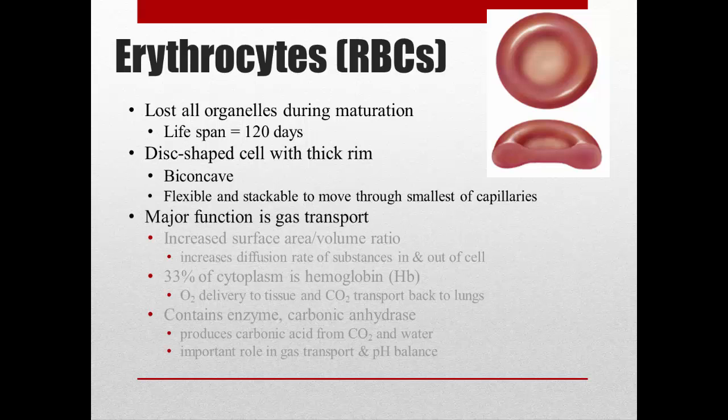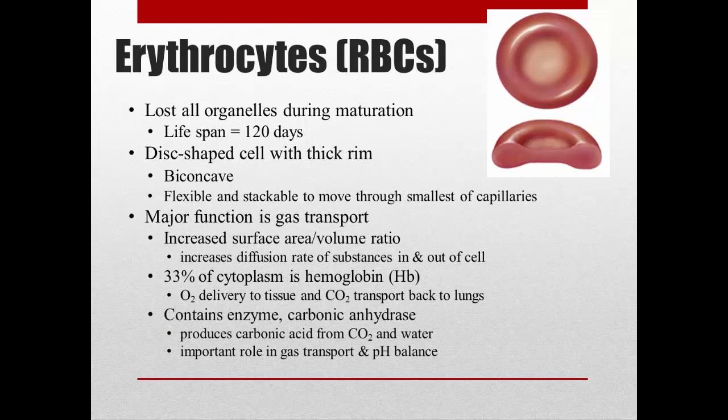Their function is for gas transport, so that biconcave shape actually increases the surface area of the red blood cells so they can get maximum movement of oxygen in and out of those red blood cells. Now, 33% of the cytoplasm in a red blood cell is hemoglobin, and again, that's for oxygen delivery and carbon dioxide transport.